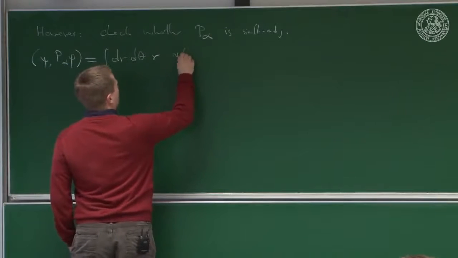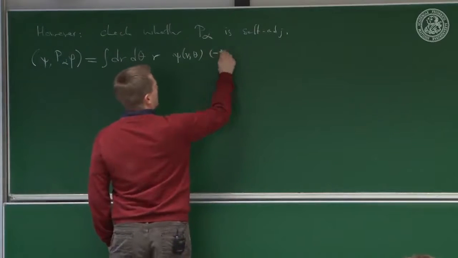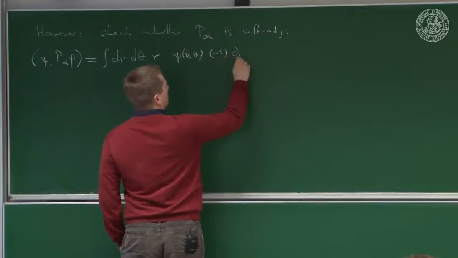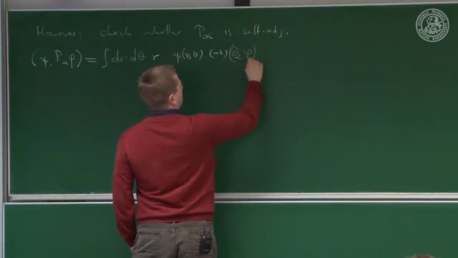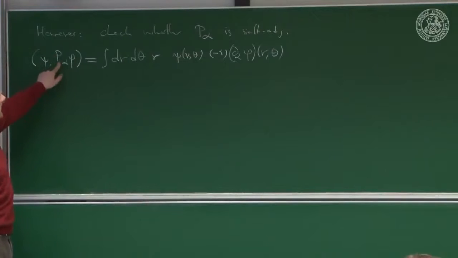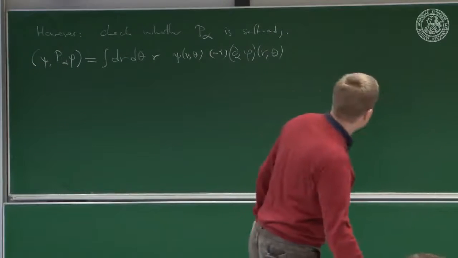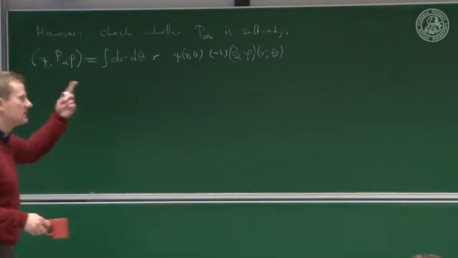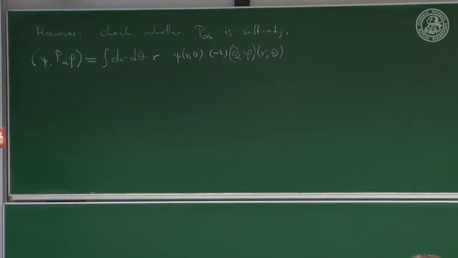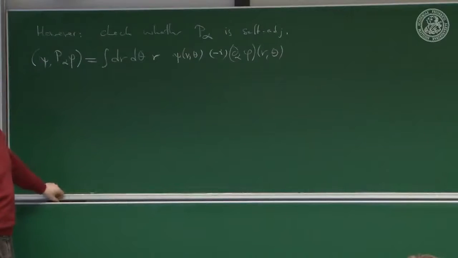Then we have a psi of r and theta, and we have a minus i del alpha phi of r and theta. And this P alpha already proved its worth by satisfying the commutation relations with the r and the theta as the coordinates.